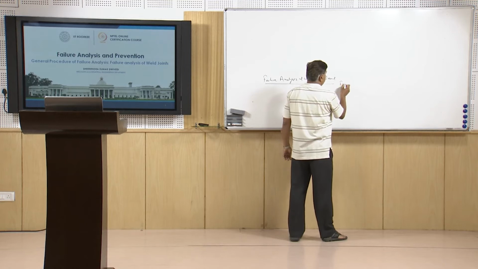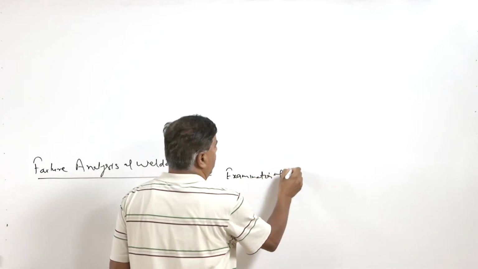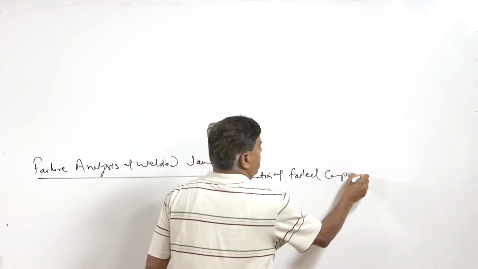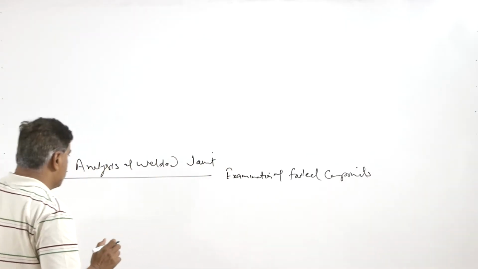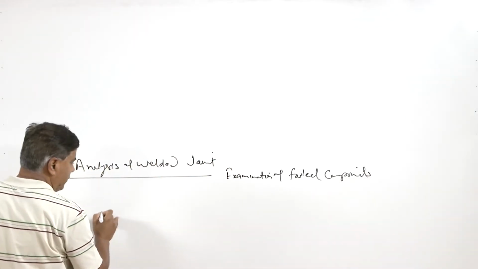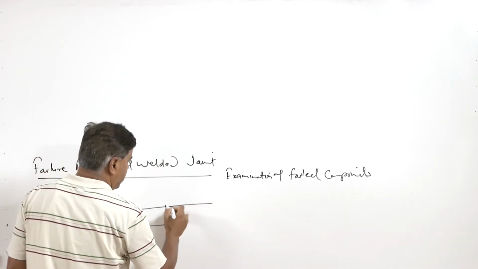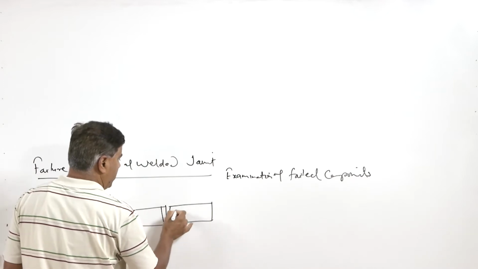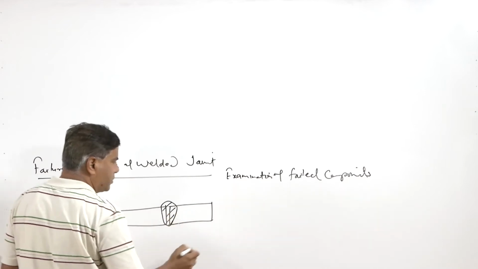So the first step is the examination of the failed components which had the weld joint. In this examination, the weld joint can be a butt joint, like this is an example of a butt joint, or various other types of joints.